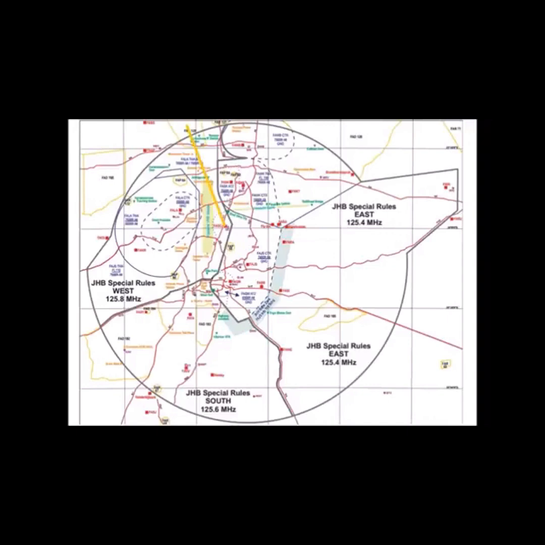Let's use maybe a powered paraglider as an example in this illustration. So they want to fly at a lower altitude, but they still want to operate within the Special Rules Area. So the third rule within the Special Rules Area is that any aircraft may fly at 6,500 feet and or below.